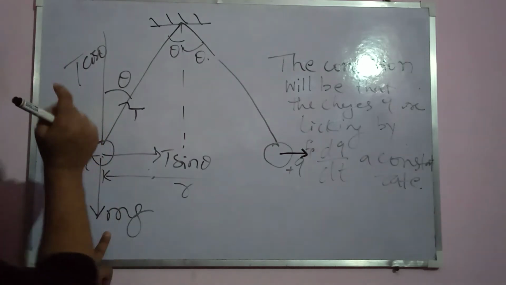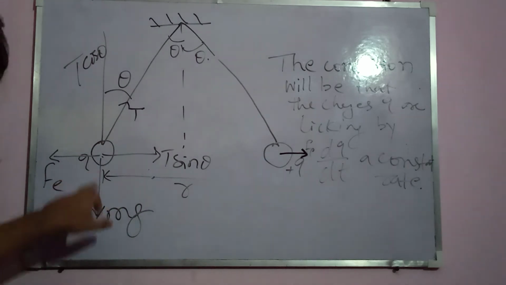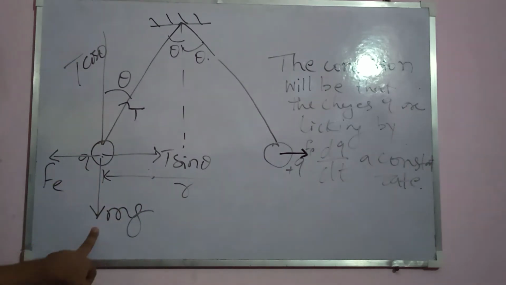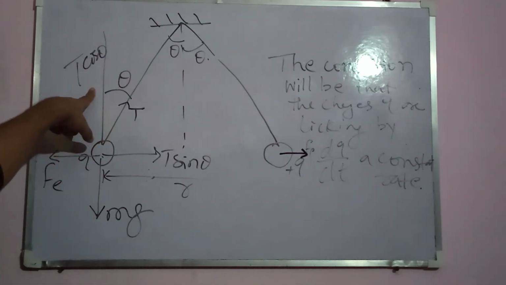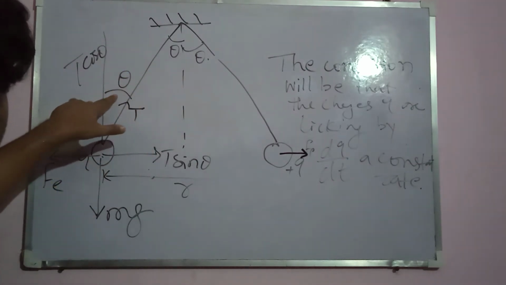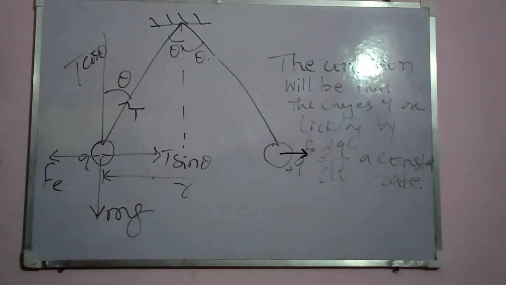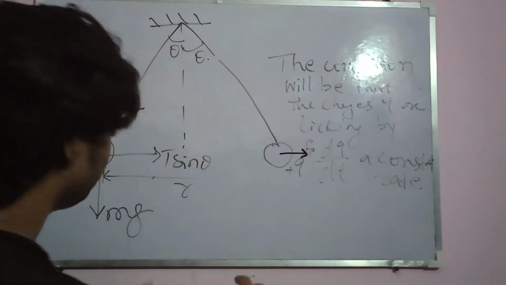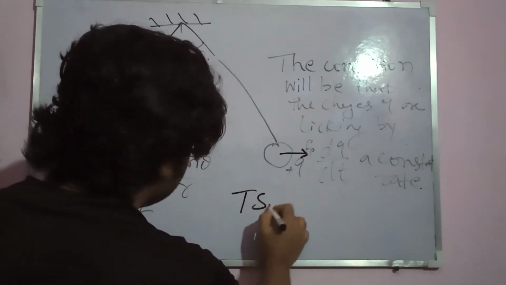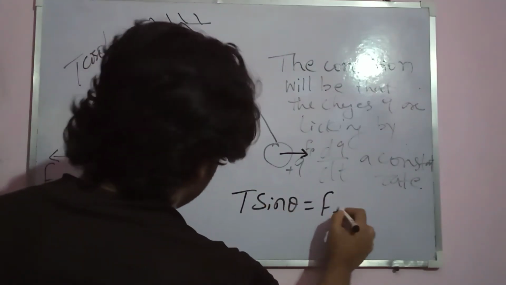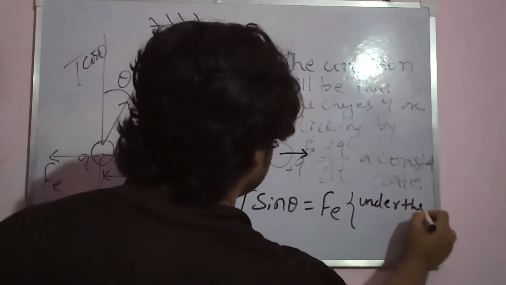As Q is reducing by dq by dt, the mass is also reducing, so mg is also reducing, but as the angle becomes smaller, this factor increases. So our conclusion from the qualitative analysis is that T sin theta is always equal to Fe under the leaking of charge.